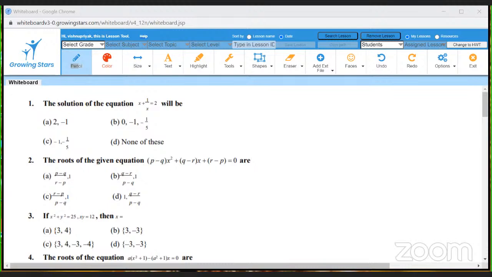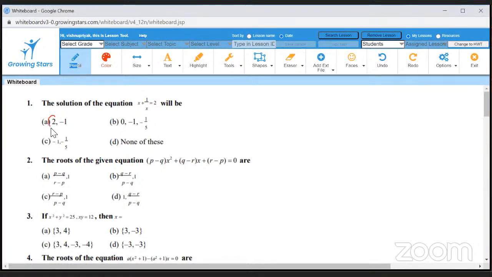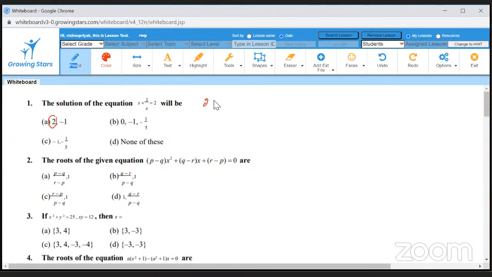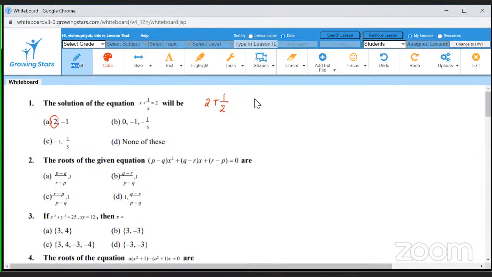So the first question is, we have to make it a quadratic equation and then solve it. Otherwise, directly you can substitute and see also. Like if you put 2 into the equation, 2 plus 1 by 2, you will not get 2.